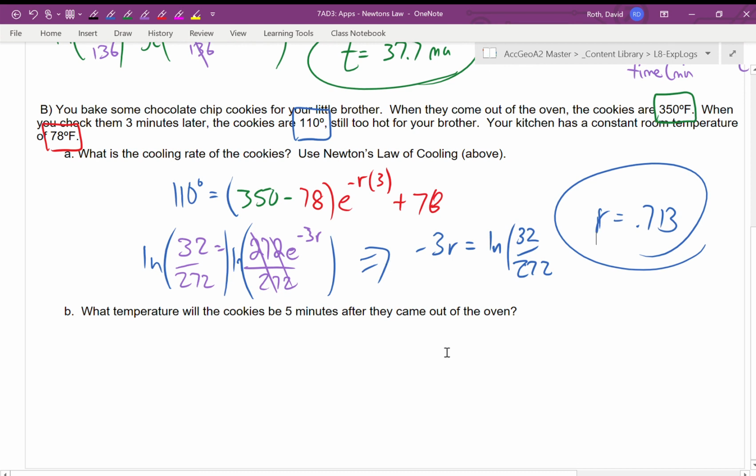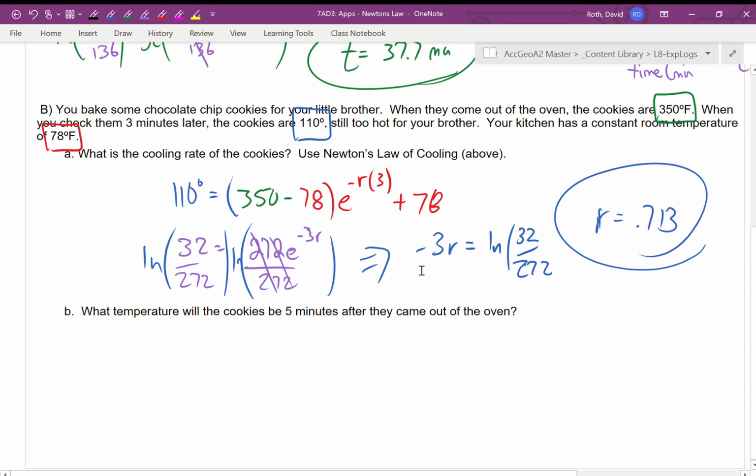And again, as a hint to the future, natural logs have a lot to do with continuously changing things, like the temperature is continuously changing. It's not going in steps. It's slowly cooling from the hot to the room temperature or the ambient. And that's what calculus is all about. And calculus has a lot to do with this natural log stuff.